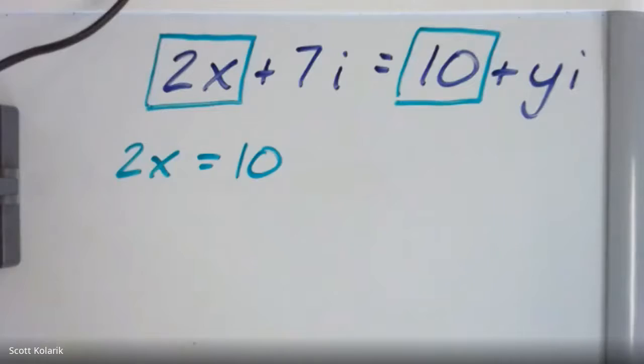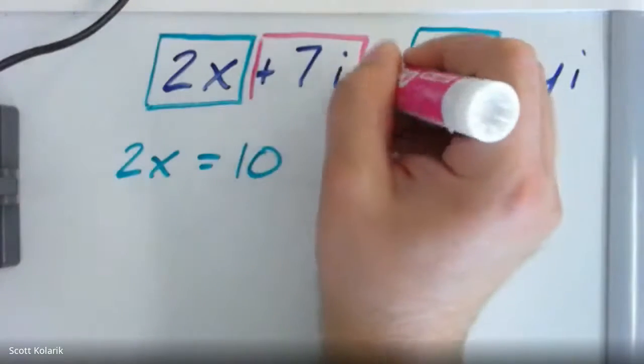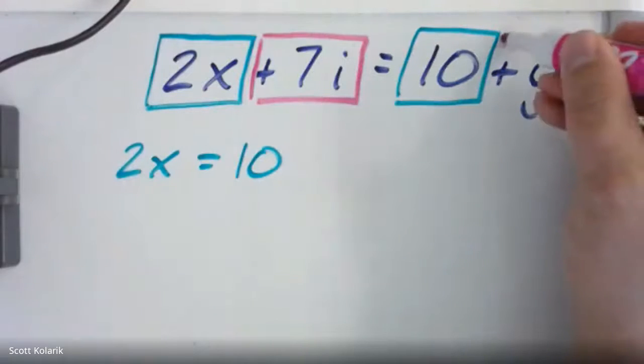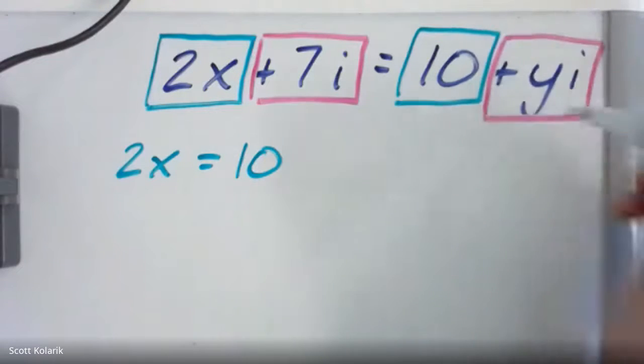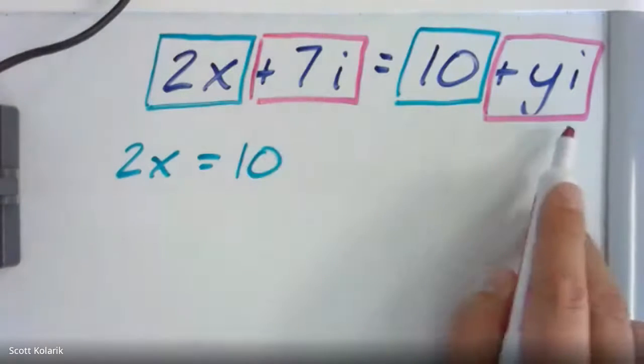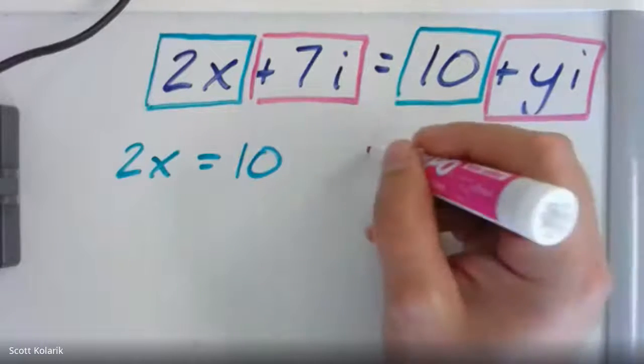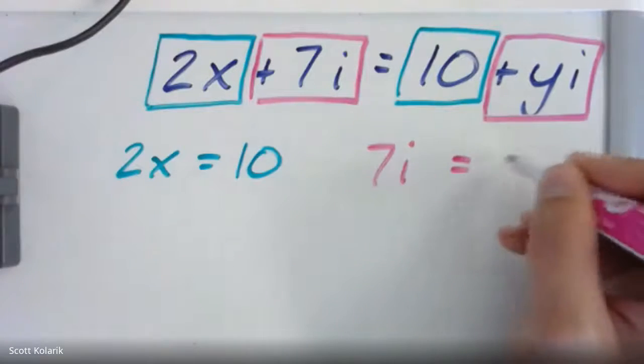The i pieces, or the imaginary pieces, are the pieces that have i in them, which are the 7i and the yi. Essentially, this is no different than like terms, the things that we've been dealing with for years now. So since both these pieces have an i attached, they have to match on each side of the equation. In other words, 7i has to match yi.